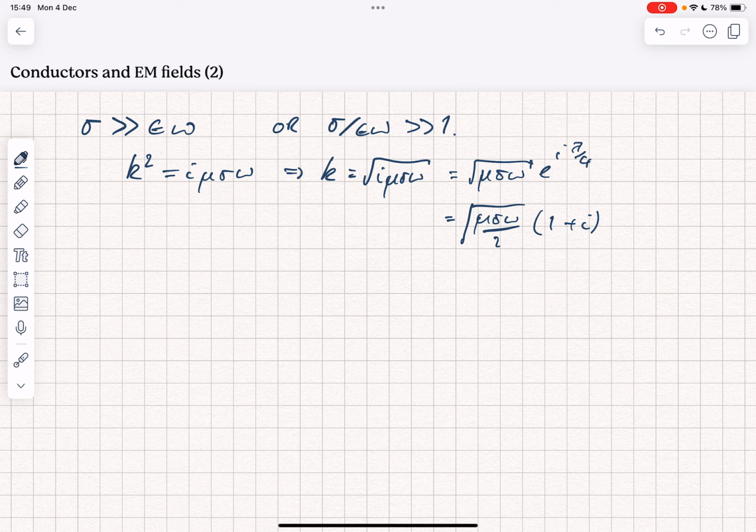And so if we're thinking about a complex wave vector k, we can write that as kr plus i ki, where the magnitudes of kr and ki are equal, and are both given by root of mu sigma omega over 2.